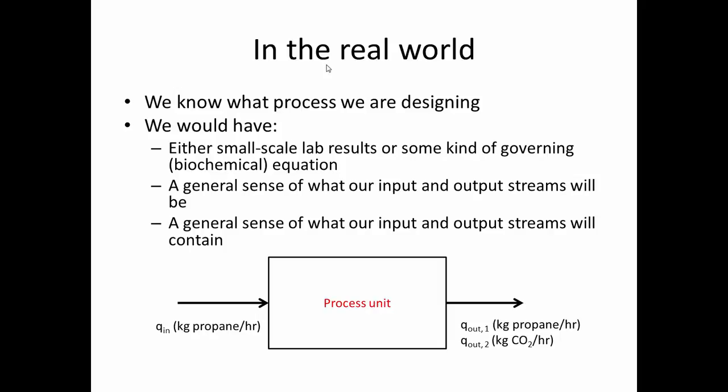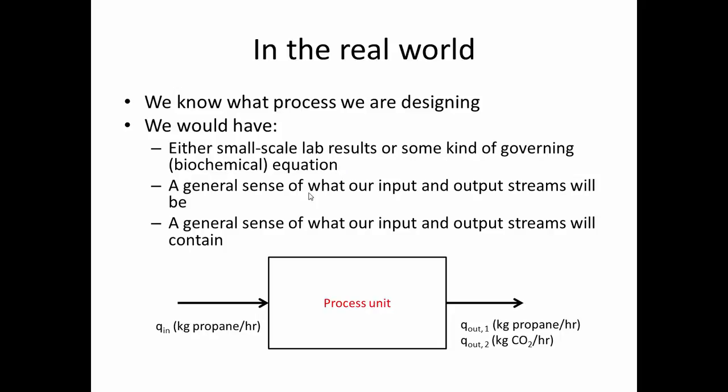In the real world, we wouldn't really be asking this question per se. We would know what process we're designing. We would have either some small-scale lab results like we had with our xanthan gum mass balance, or some kind of governing equation like we did with our ethanol to acetic acid mass balance.